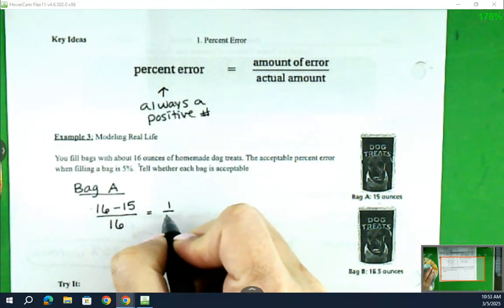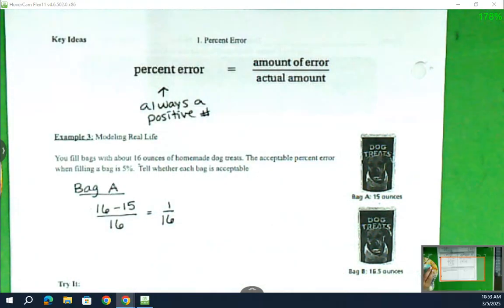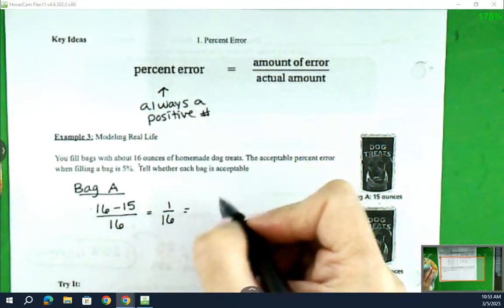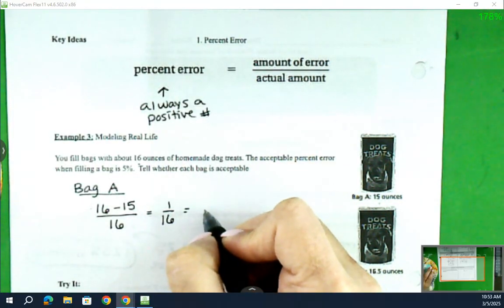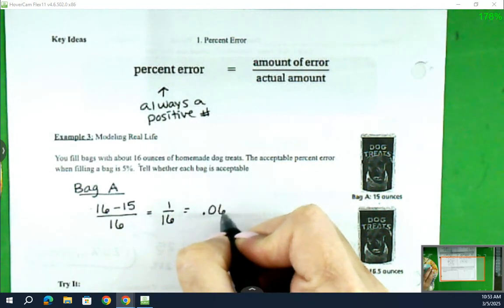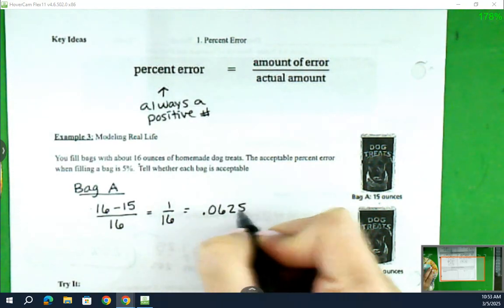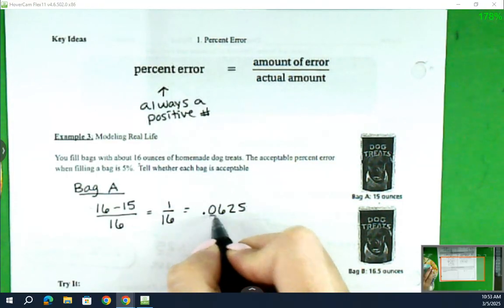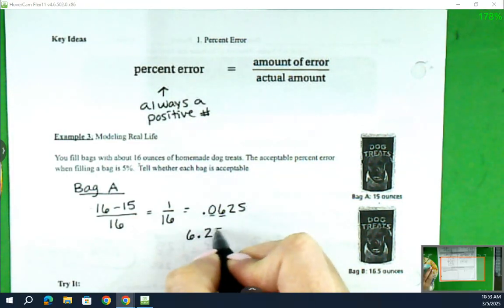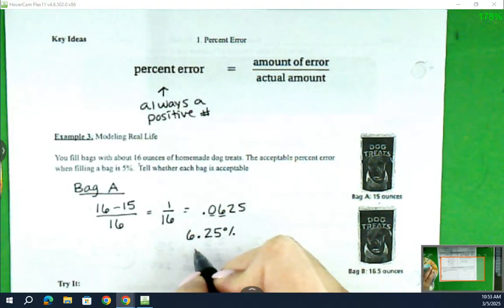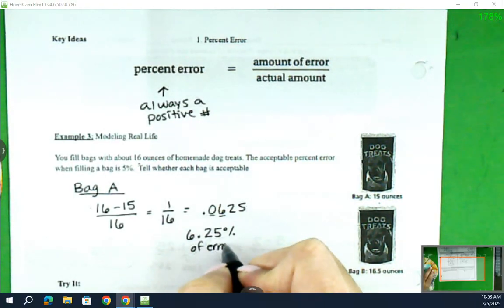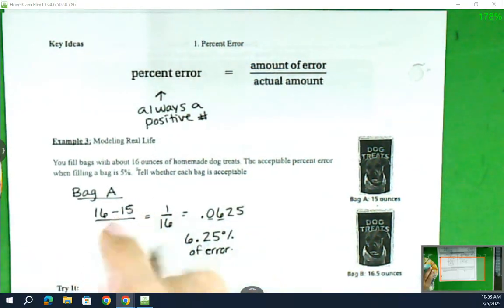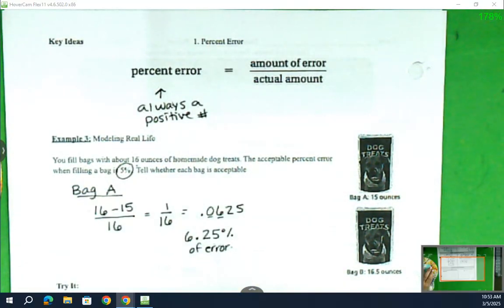Okay, when we subtract, we get 1 over 16. So when we divide that out, we get 0.0625. So that's going to be 6.25% of error. Okay, that is more than the allowable 5%. So this is not acceptable.